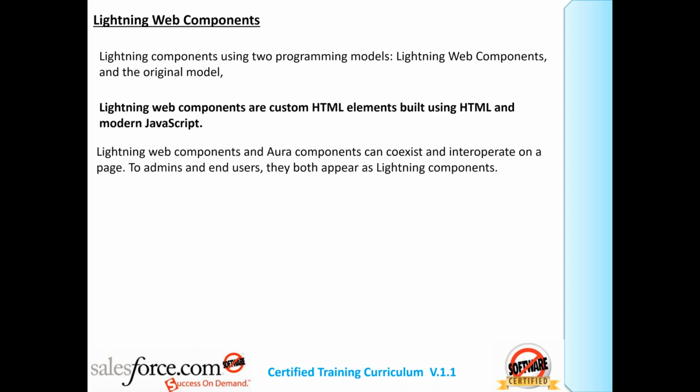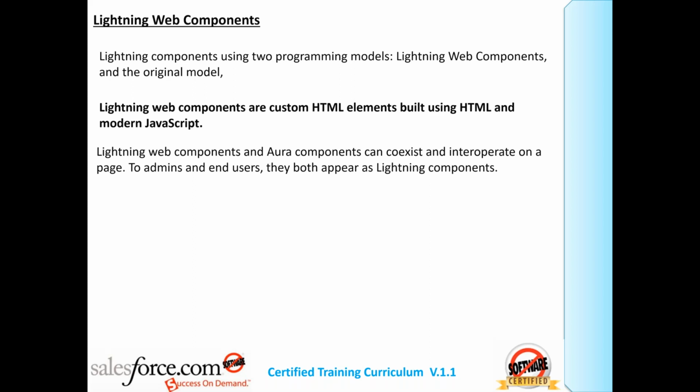So Lightning component, there are two programming models. First programming model is called LWC programming model, and second programming model is called original programming model, which is Aura programming model. Both Lightning Web Component and Aura can coexist in a single environment, right?